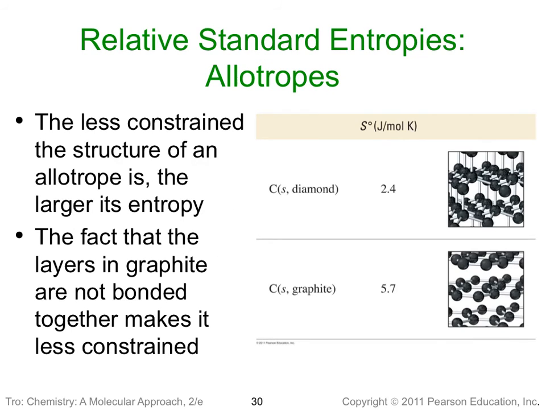So we talked about allotropes early on, and we had an example of two different allotropes of carbon. The first one is diamond, and the second one is graphite. The less constrained, right, is going to have larger entropy. So graphite is less constrained, and it has a higher entropy.